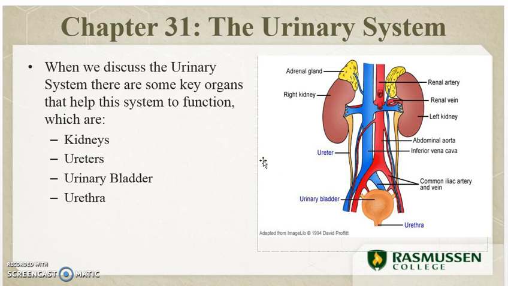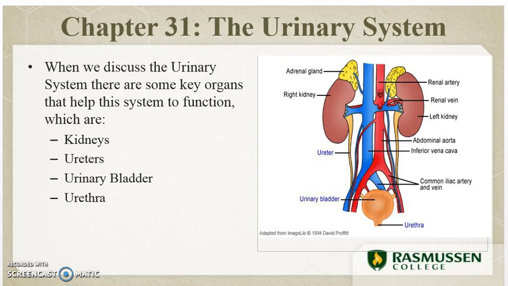Chapter 31 is focused on the urinary system, like we talked about in your Clinical Skills 1 course, the nephrology unit. The organs found within the urinary system are your kidneys, ureters, bladder, and urethra.